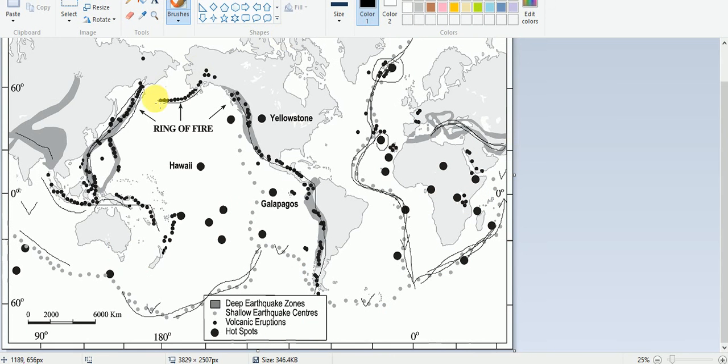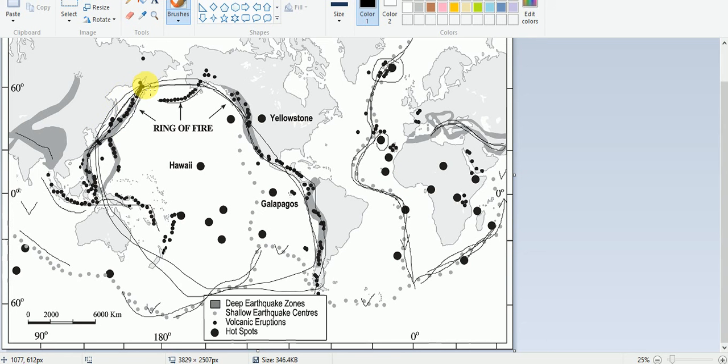See here, this circle, this rim of the Pacific Ocean is surrounded by very active volcanoes, and hence these margins of the Pacific Ocean are known as the Ring of Fire.